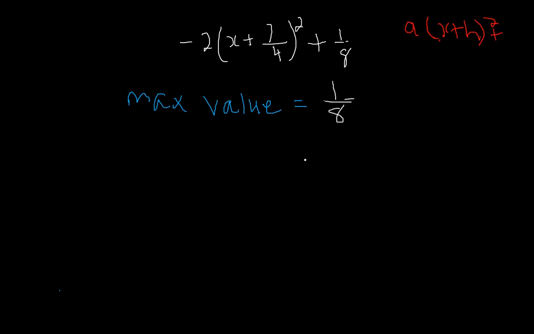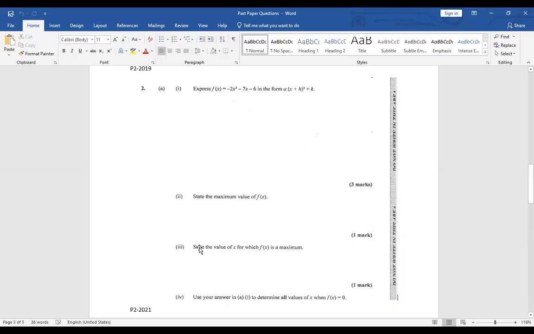Then they wanted the x value of the maximum value. The question says, state the value of x for which f of x is maximum. What do they mean by that?